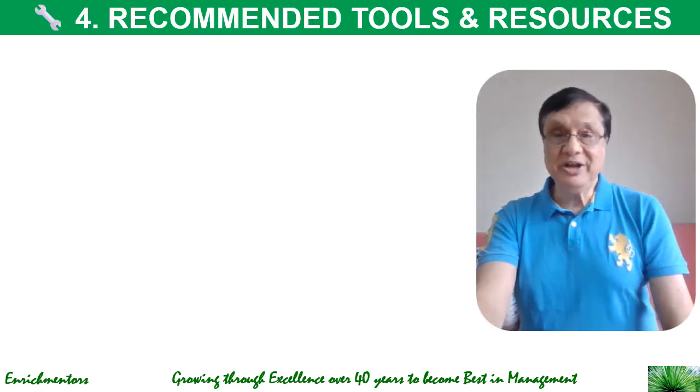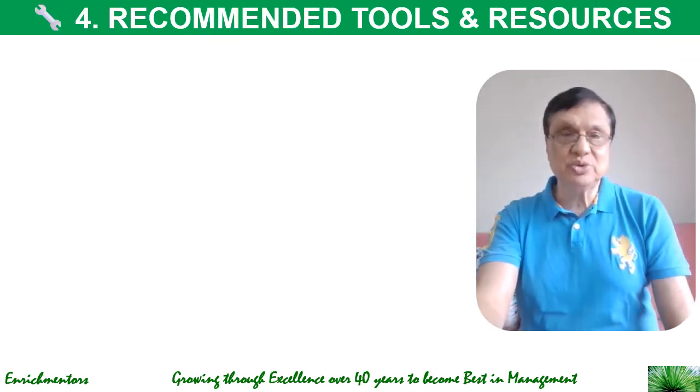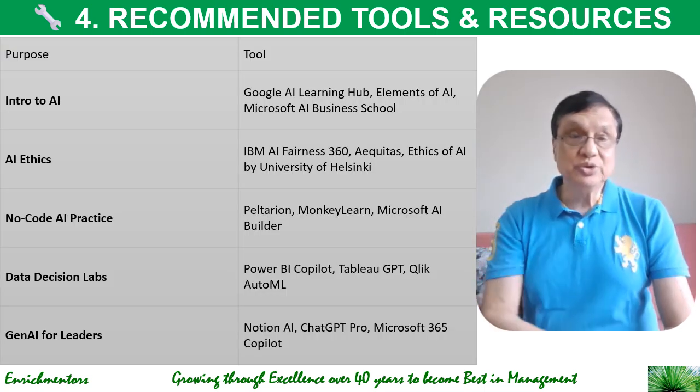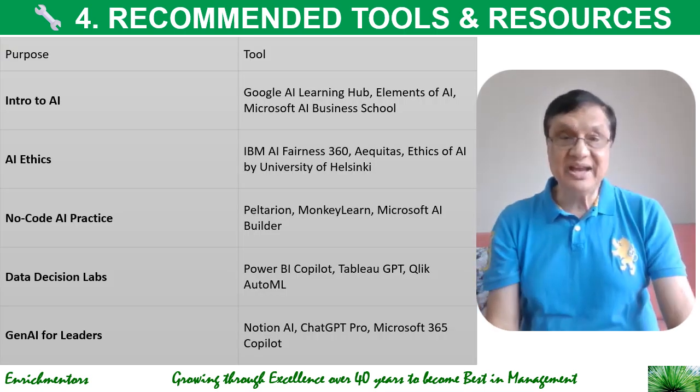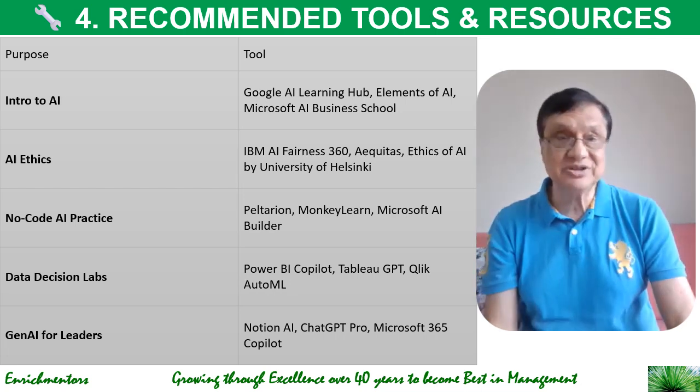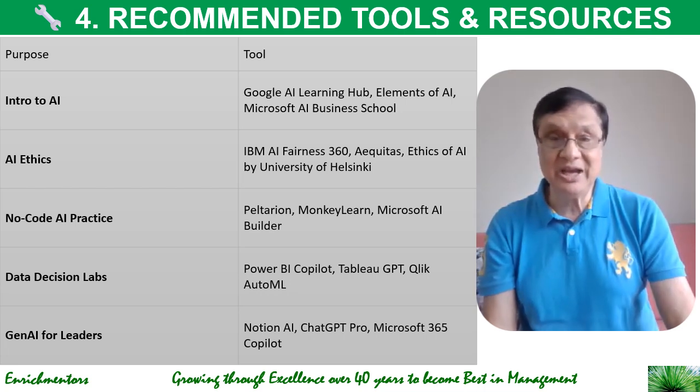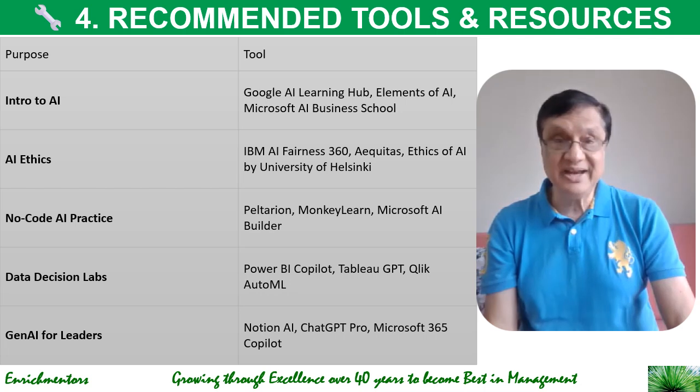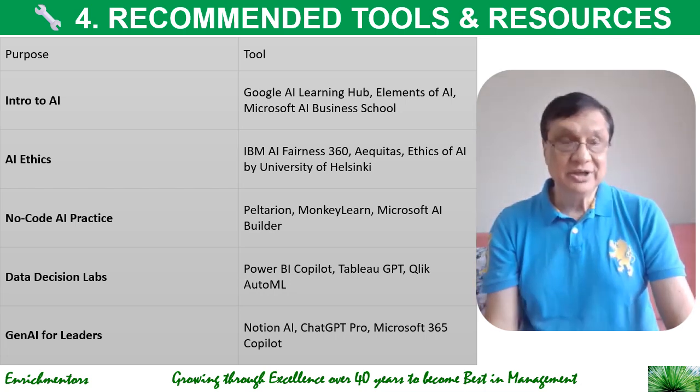Then, what are the recommended tools and resources you could use to train the leaders? You could use tools like Google AI Learning Hub, Elements of AI, Microsoft AI Business Schools for Introduction to AI. For AI ethics, you could use IBM AI Fairness 360, Ethics of AI by University of Helsinki.